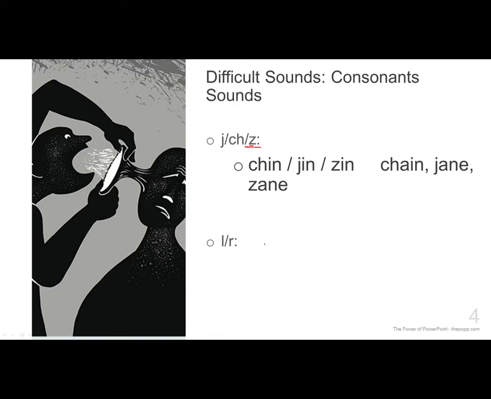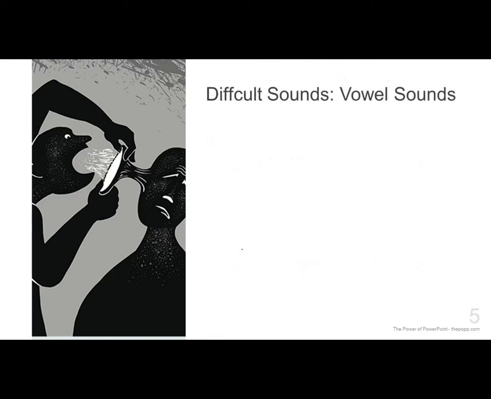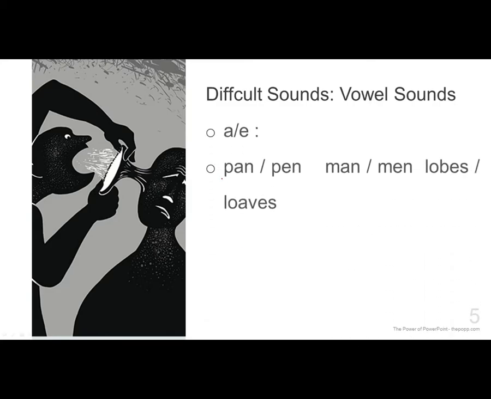Also, of course, the famous L and R: lore, roar, lily, really, lip, rip. But some difficult vowels that Korean speakers can have problems with, the A and E. So pan, pin, man, min.